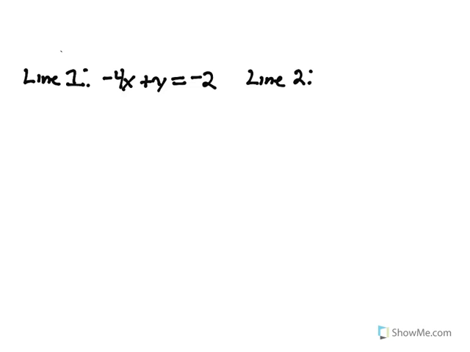Line 2 is equal to minus x plus 4y equals 3. Now both of them are in standard form. They're not in the mx plus b form.